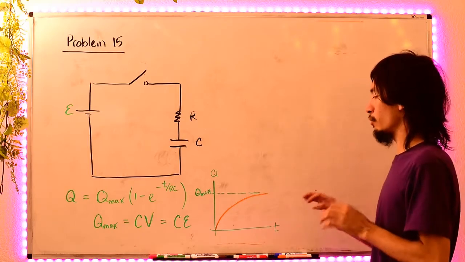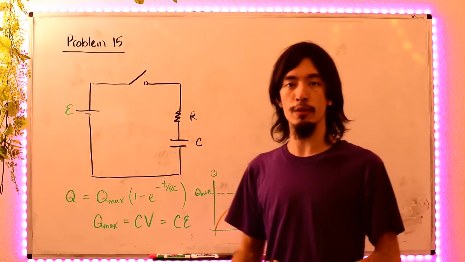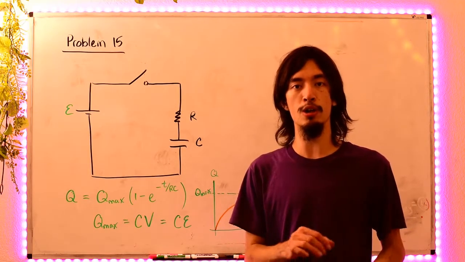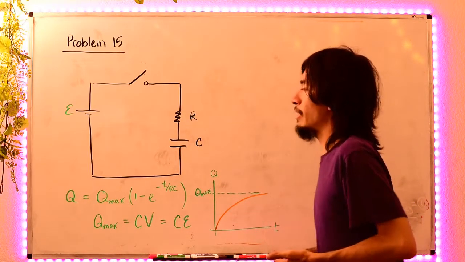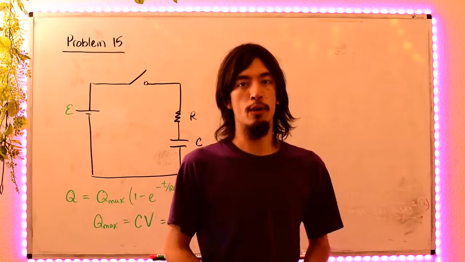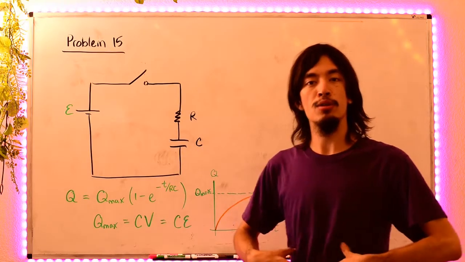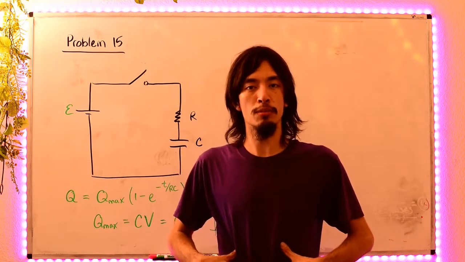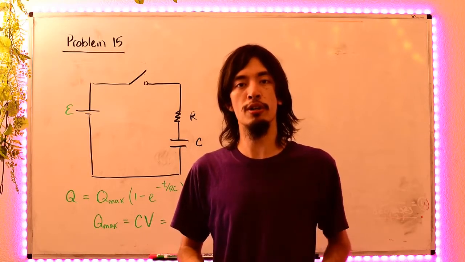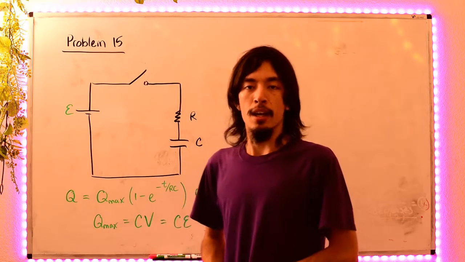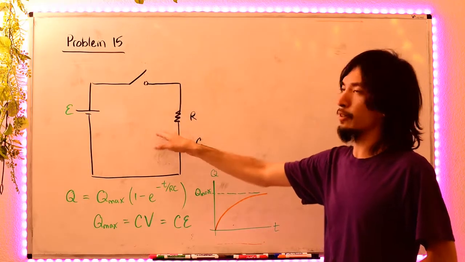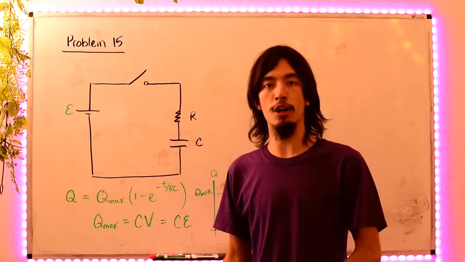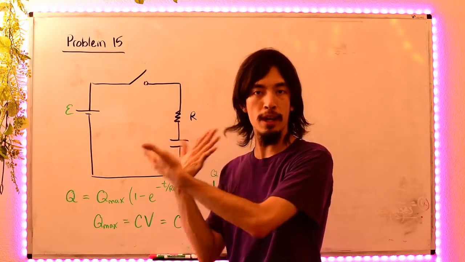Now, the reason why this happens, which is good for you to know as conceptual knowledge of an RC circuit, is I want you to think of it as going to a buffet to eat food. Think of your stomach as the capacitor, because the capacitor stores charge, while your stomach stores food. In this circuit, there is a current which is delivered to the capacitor. The flow of charge is a current.